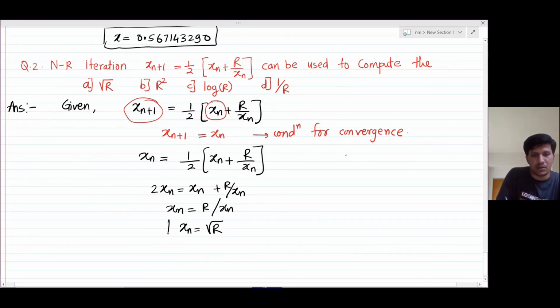From here we can see that this iteration is used to calculate the square root of the number. So the answer will be this.